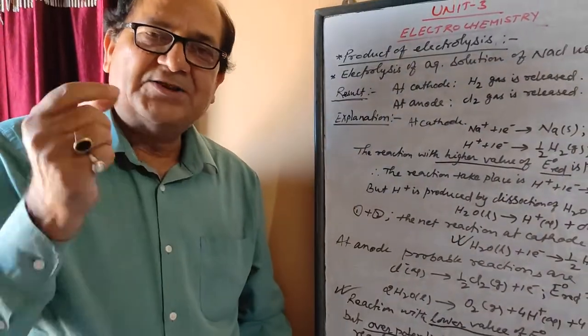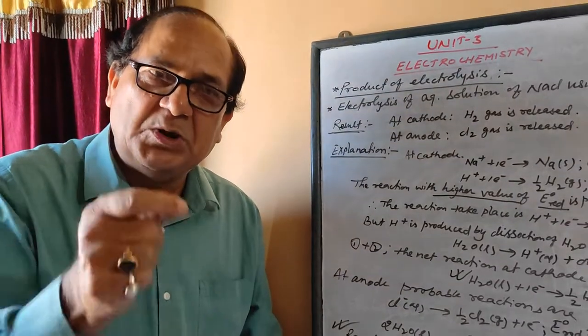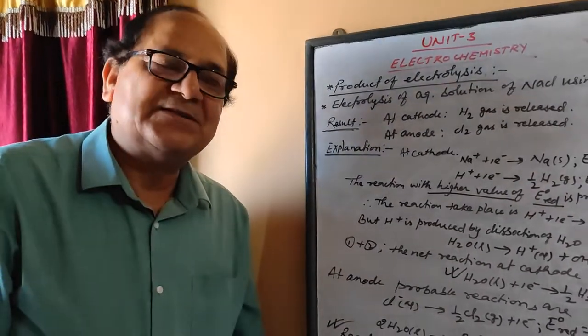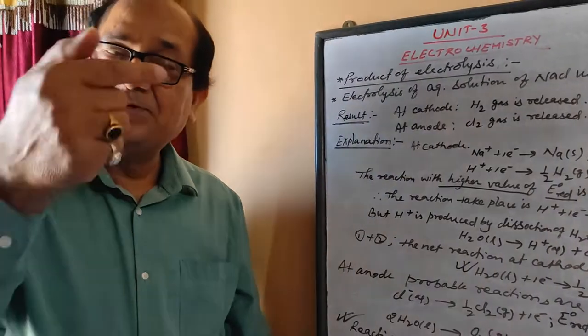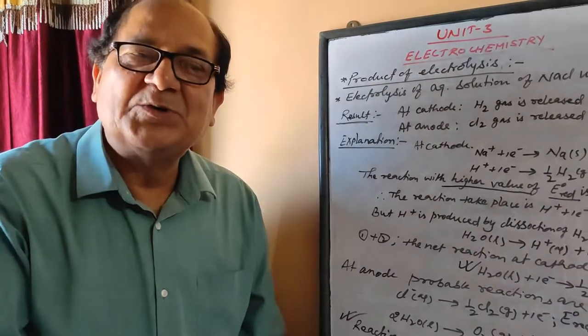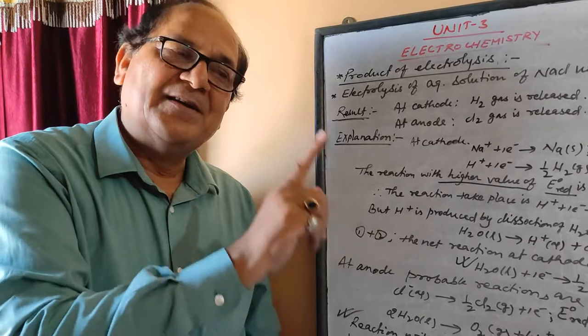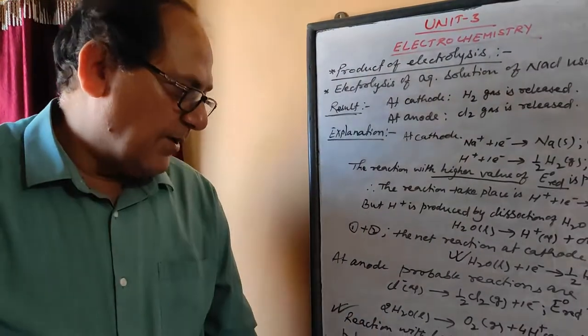So if the solution is dilute, then O2 gas is released at anode, and if the solution is concentrated, Cl2 gas is released at anode.